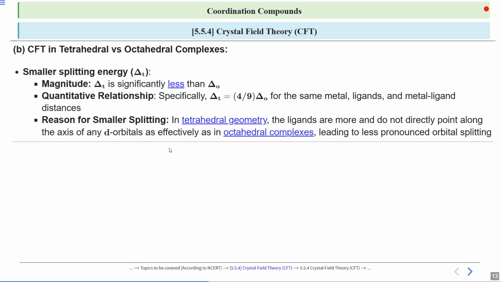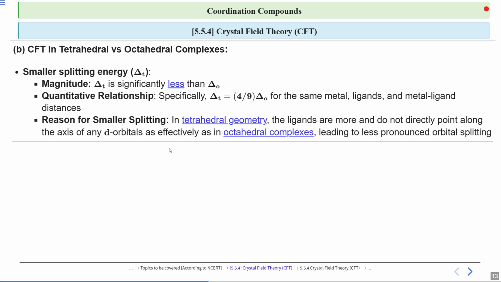Their direction may be similar, but the ligands are not going to place themselves along the same axis as the axis of the d orbitals.